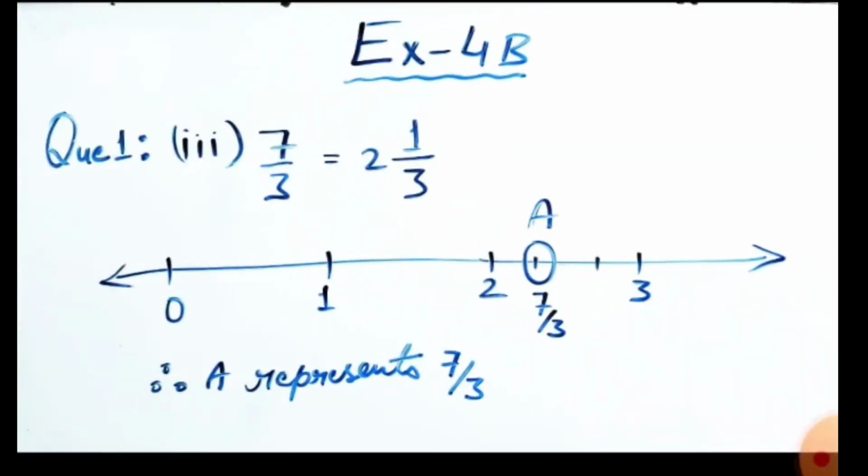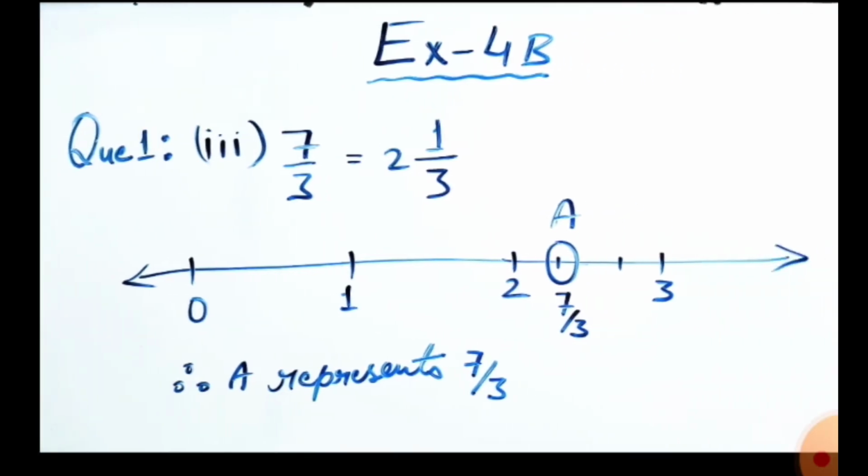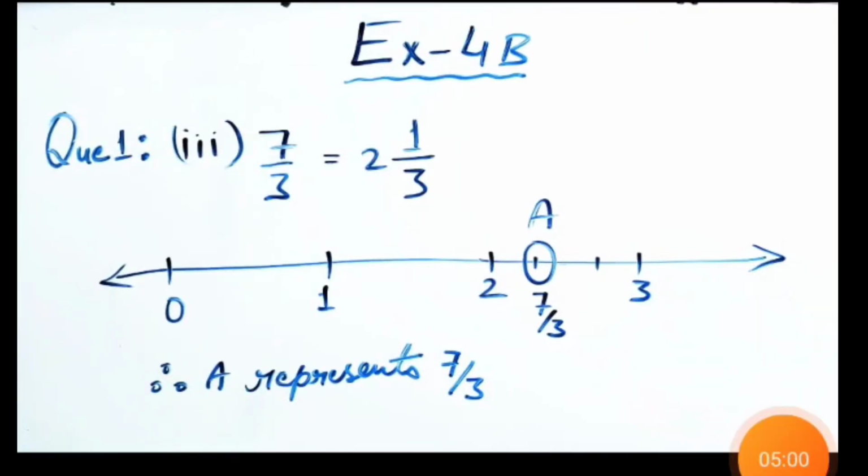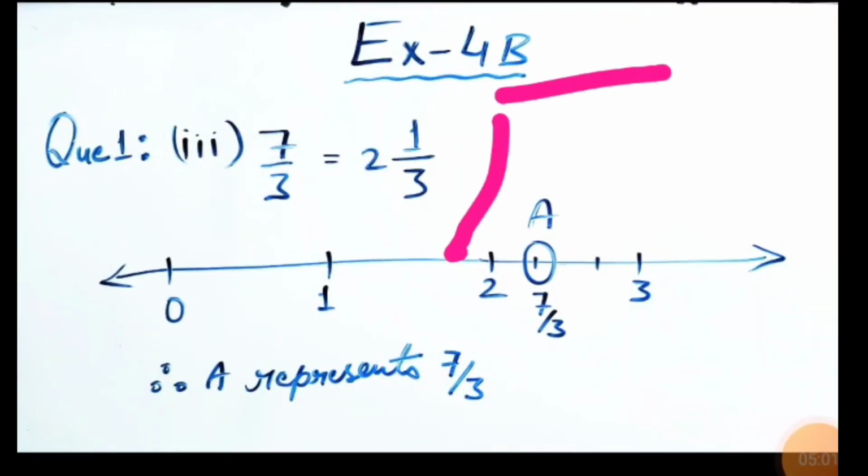Now come to the third part of question number 1, it is 7 by 3. Here we can see the numerator 7 is not smaller, it is bigger than the denominator. So its value is not less than 1, it will be greater than 1. So first we will convert this into mixed form. How to convert into mixed form? We will divide it, find the value of 7 by 3.